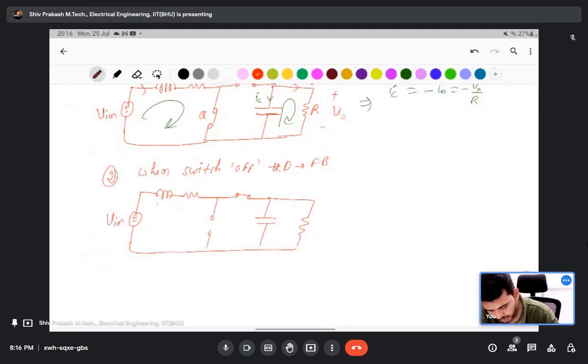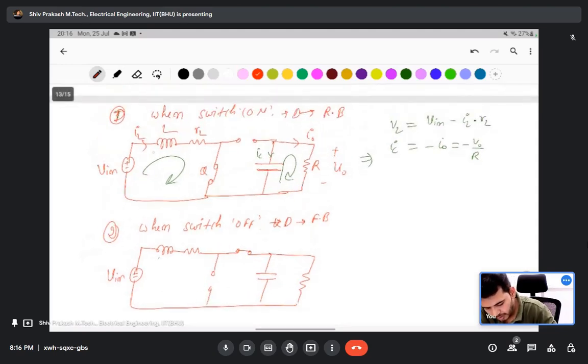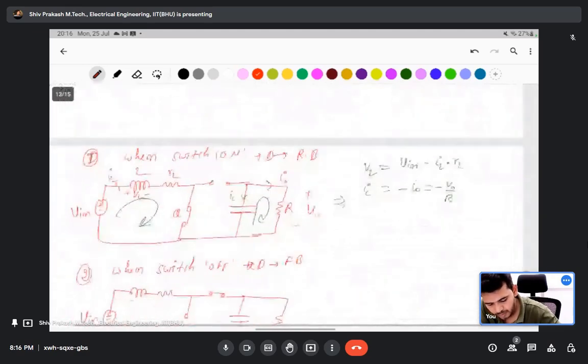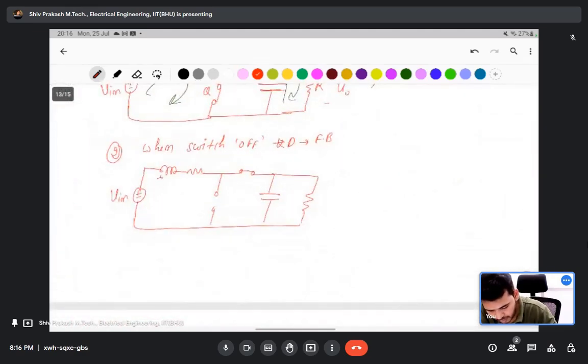The switch is open circuit. Here is VL, IL, RL, I naught, IC, V naught, R.